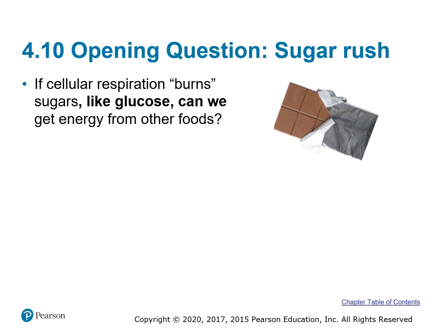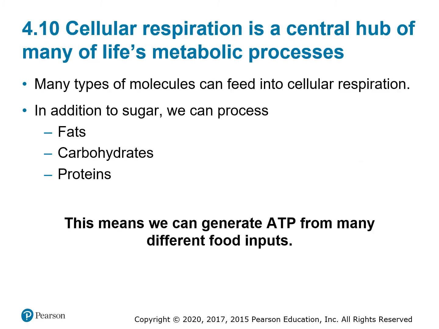So the next section is talking about, all right, if cellular respiration burns sugars like glucose to release energy, can we get energy from other foods? And I think you would probably agree that we can get energy from proteins, from fats. It's not just sugars that we take in as food that gives us energy. So how does that take place?